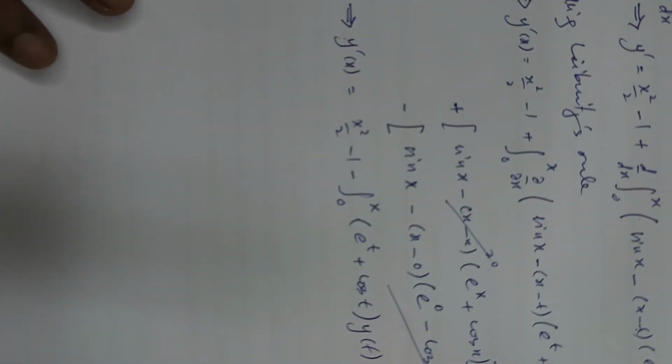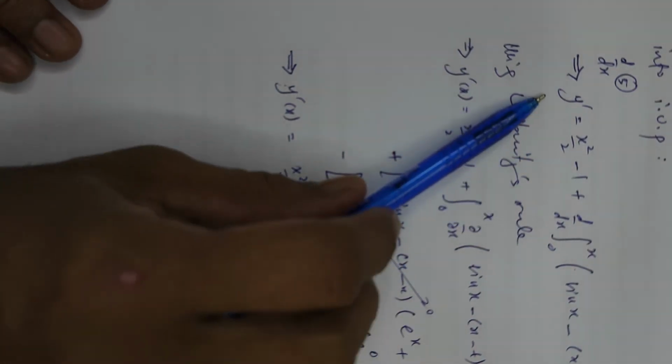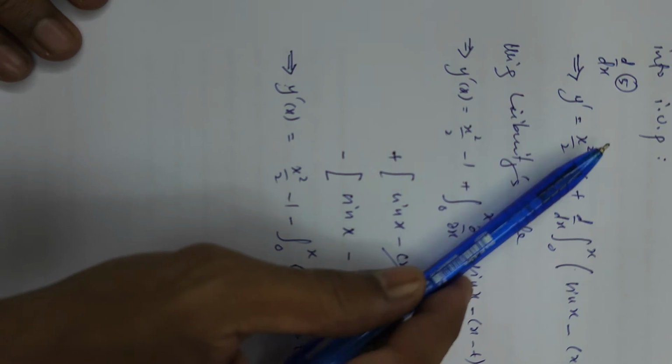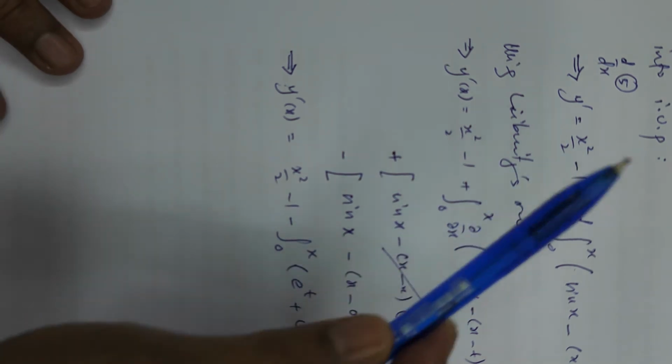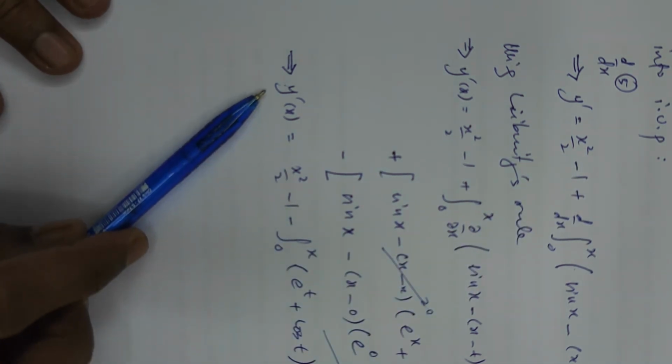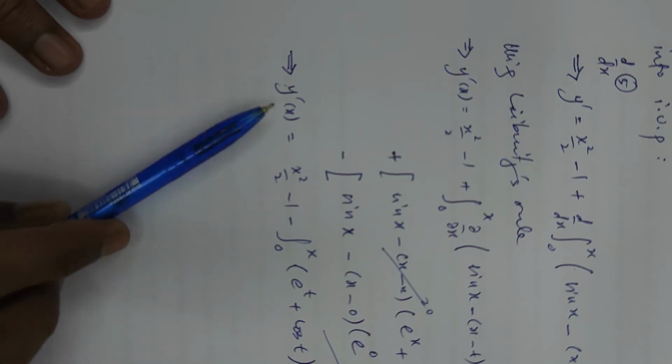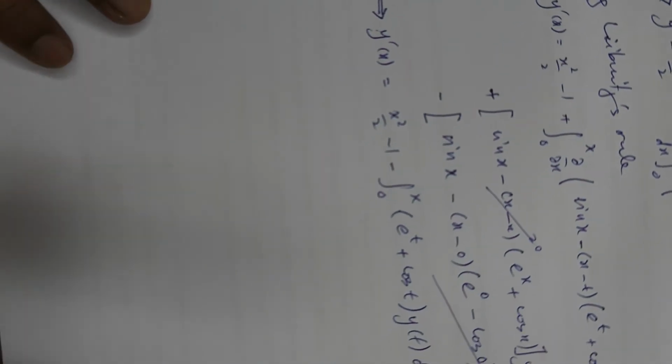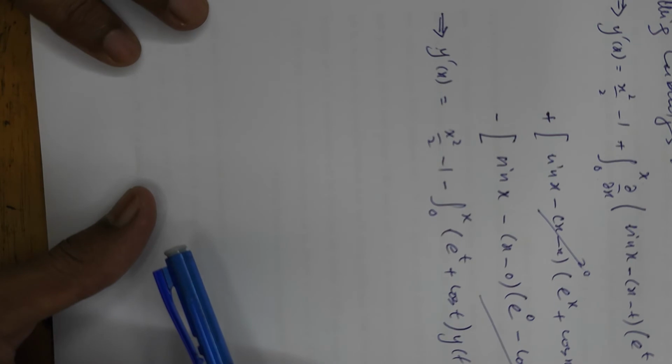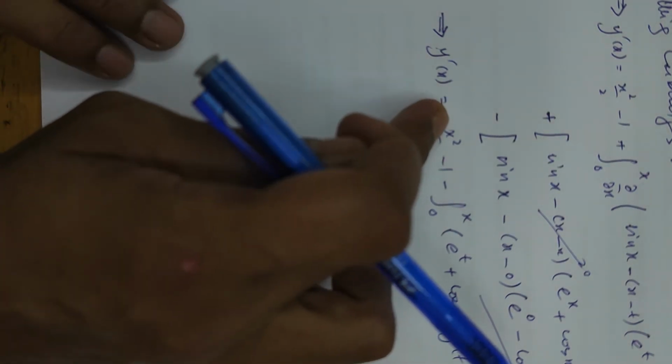Now from a differential equation of second order, we have reduced it to order 1, in y prime. Then we differentiate again.